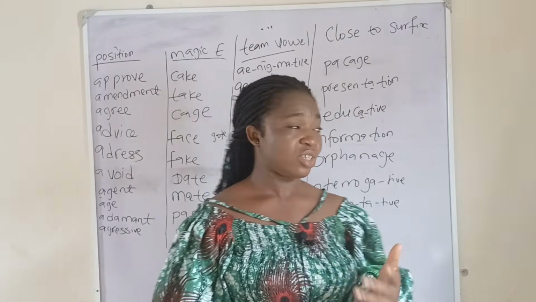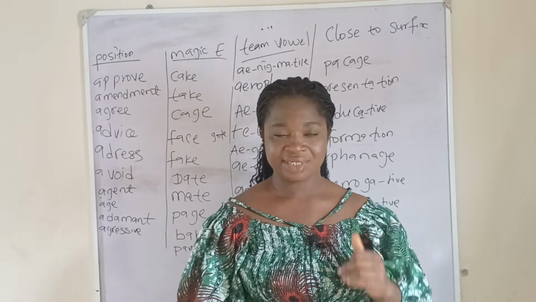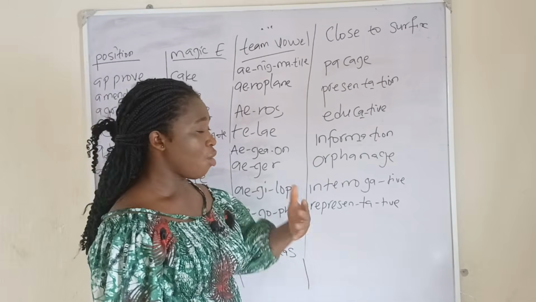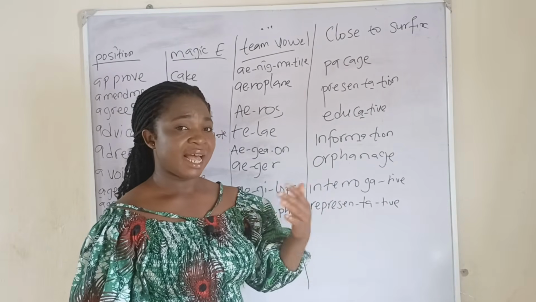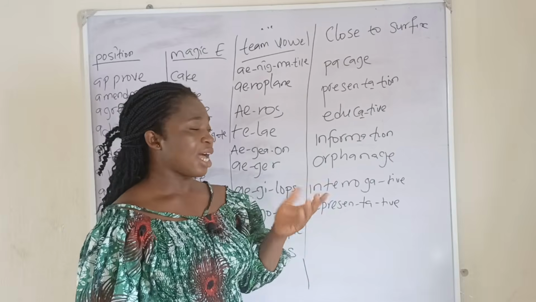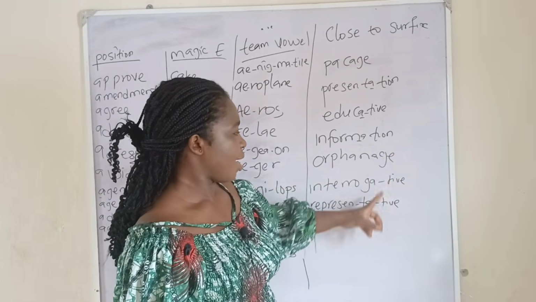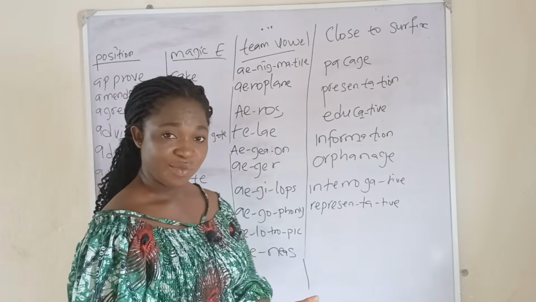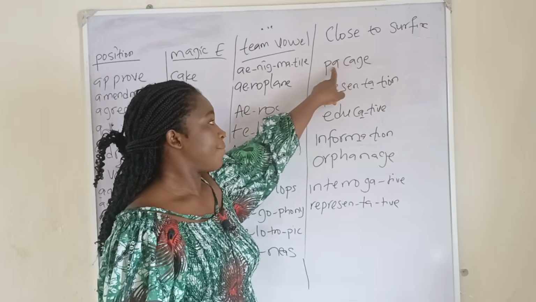Okay, when A is close to a suffix, it tends to sound A and not A. Okay, now we have some list of words here. When we talk about suffix, we talk about ending part of a word, either a added one or just the sound that is being produced. We have the shun, we have the thief, we have the H, and we have this list of words. Let's see if we are making sense. We have package.